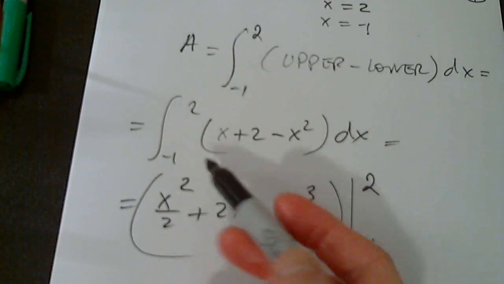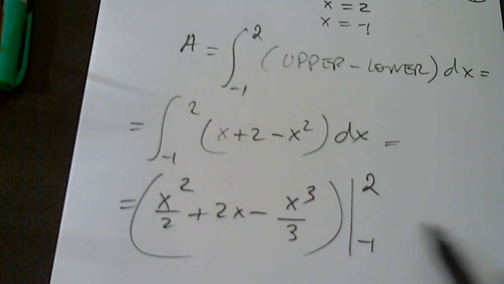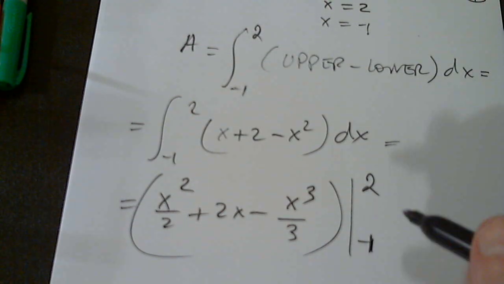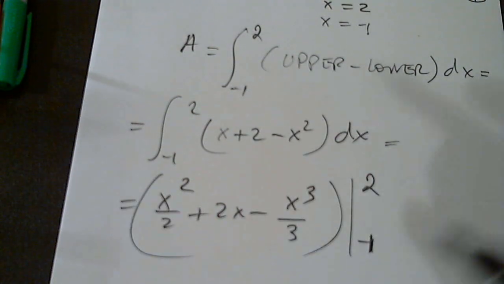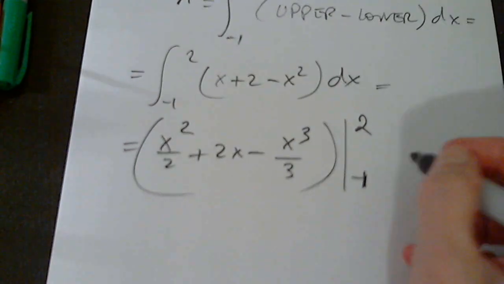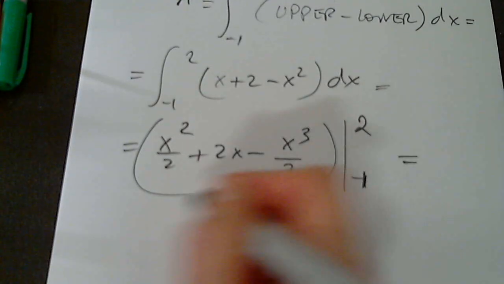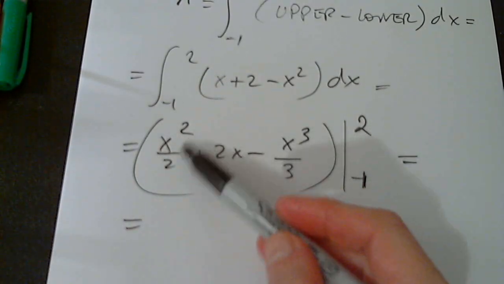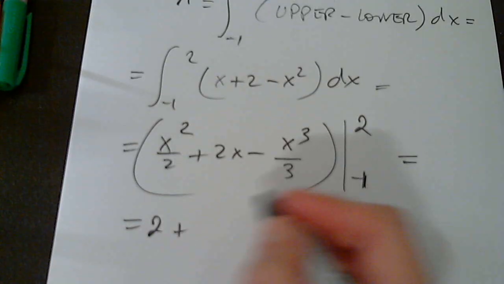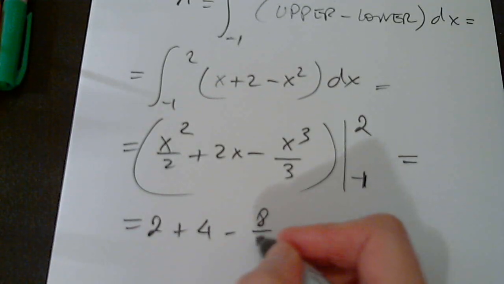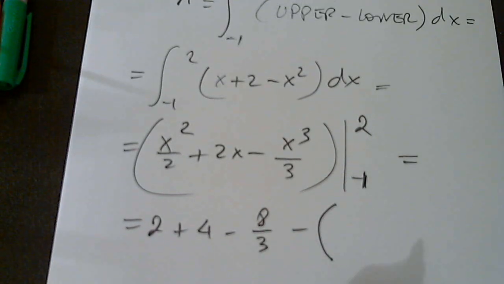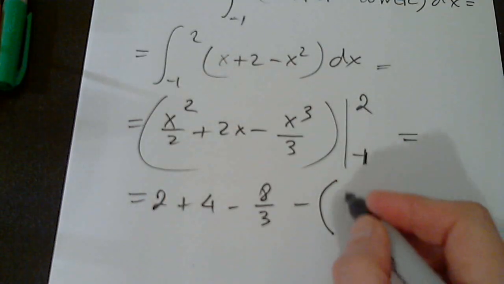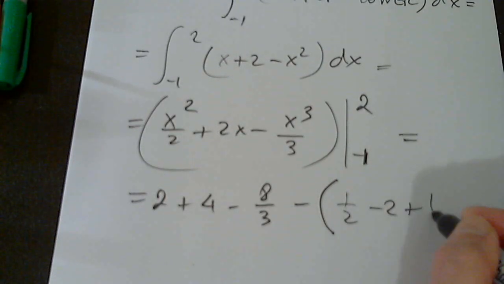And you should always check this. I'm asking you to present exact answers, but you should always check it with a graphing calculator, because it's important not to lose points, right? So 4 divided by 2 is 2, and plus 4 minus 8 over 3 minus, careful now, when I plug in negative 1, 1/2 minus 2 plus 1/3.